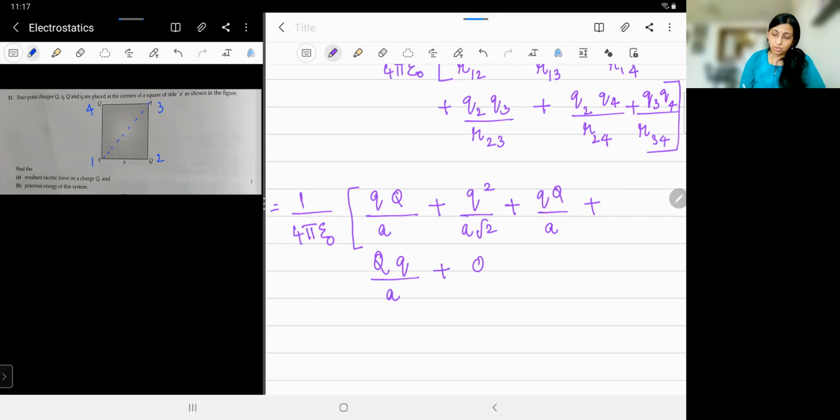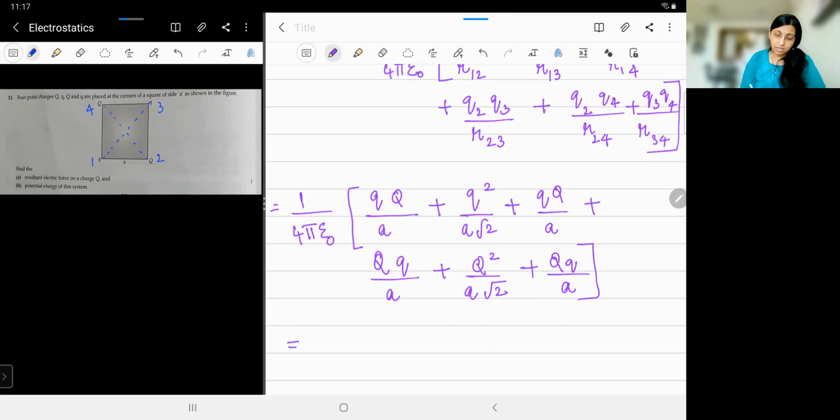That is Q and Q, so it becomes Q square divided by the distance, again this A root 2. Plus the last one, Q3 Q4, which is capital Q, small q, divided by, again, the distance A. So that ends it. Close the bracket.